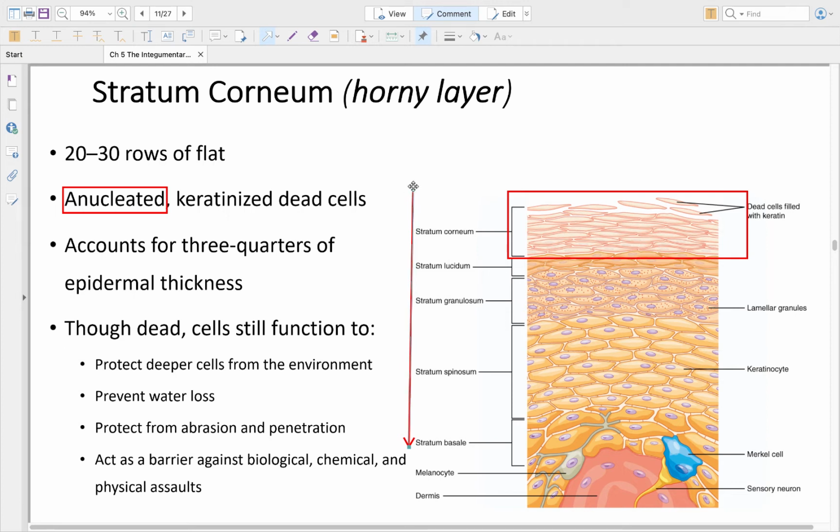Basal, the innermost layer, is responsible for making new cells. The spinosum has a spiny look because we have our dendritic cells here. The granulosum has granular cells here. The lucidum is found in thick skin. The corneum is keratinized dead cells that are anucleated and protect the underlying layers.